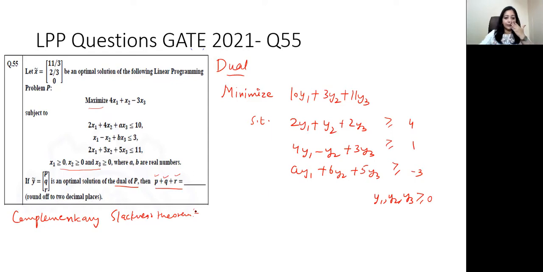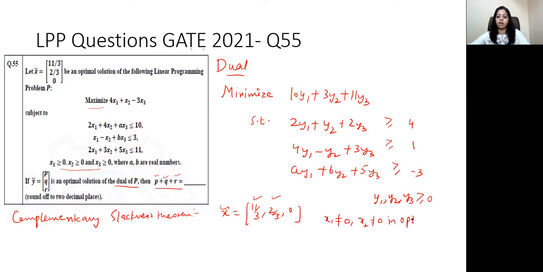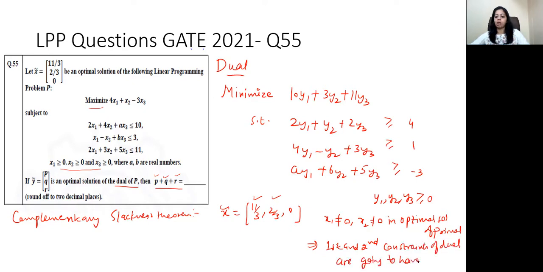So according to the complementary slackness theorem, if you look at the optimal solution of the primal which is given to you, 11 by 3, 2 by 3, 0, since x1 is non-zero and x2 is non-zero in the optimal solution of the primal, then the first and second constraints of the dual, because it's coming from the index x1 and x2, are going to have no slack, meaning the optimal solution of the dual will be satisfying the first and second constraints as equality constraints.